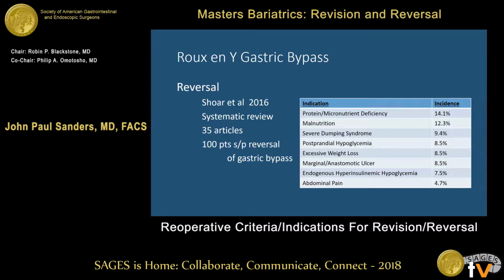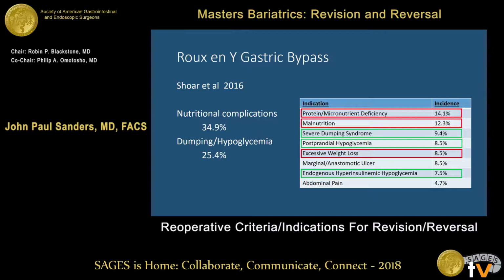If you lump them into those two broad categories, protein and micronutrient deficiency, excessive weight loss, et cetera, are considered nutritional complications, and then dumping syndrome and postprandial hypoglycemia are grouped together. You can see that those are the major indications that have been presented for reversal of the Roux-en-Y gastric bypass.